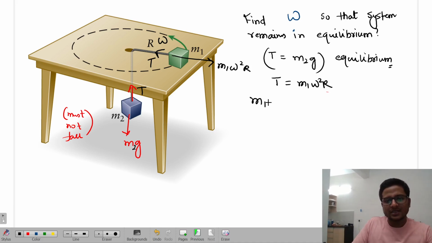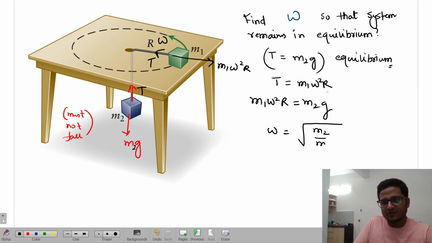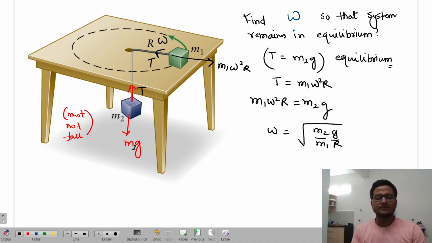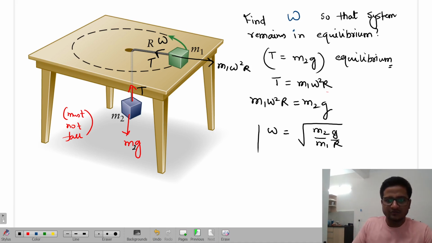So m1 omega square r is equal to m2 g, and omega is nothing but root under m2 by m1 times g by r. Are you able to get me or not? Now you see this, this is which velocity of omega?